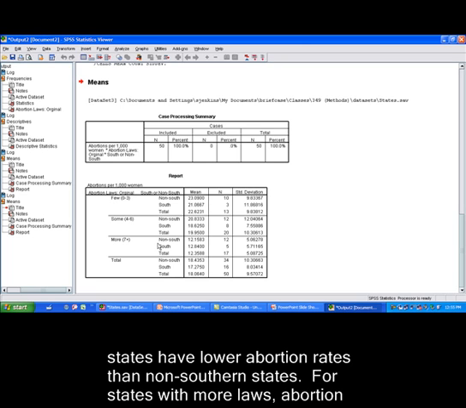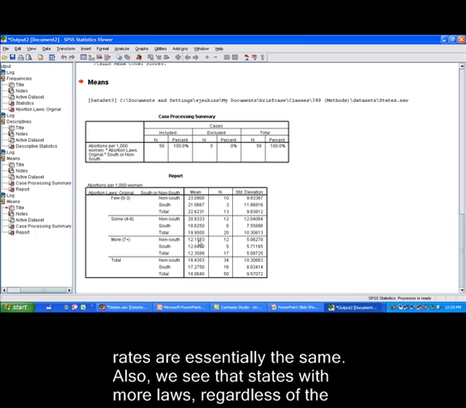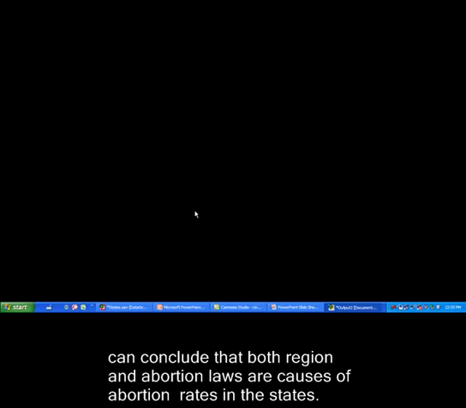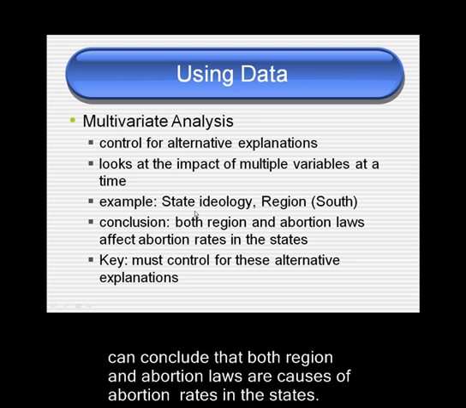For states with more laws, abortion rates are essentially the same. Also, we see the states with more laws, regardless of what region of the country they are in, have lower abortion rates than states with few or some laws. So, we can conclude that both region and abortion laws are causes of variation in abortion rates in the states.